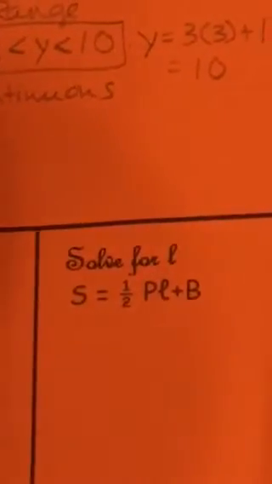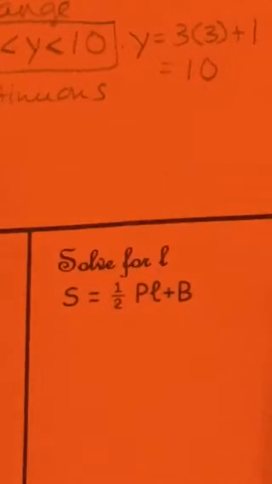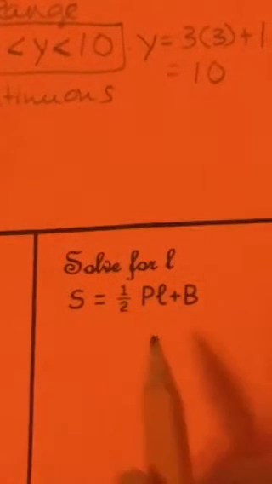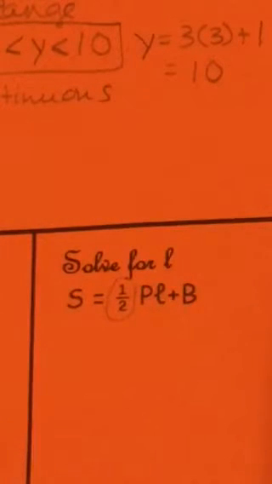Second one, we're going to solve for L. It's actually the surface area, I believe, of a pyramid or a cone. I think it's probably a pyramid. Okay, doesn't matter. Here again, look at the 1/2. What did we do over here?